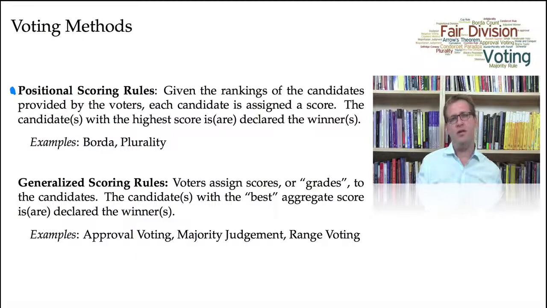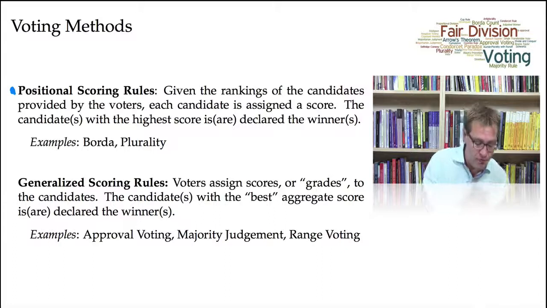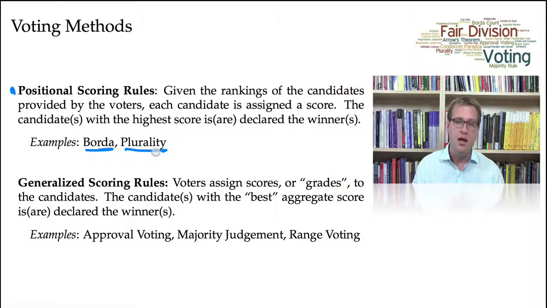These are voting methods in which the voters provide a linear ranking over all of the candidates or alternatives. Then you use those rankings to assign scores to the different candidates, and the candidate with the highest score, the best score, is declared the winner. Typical examples of these voting methods include Borda count and plurality rule.